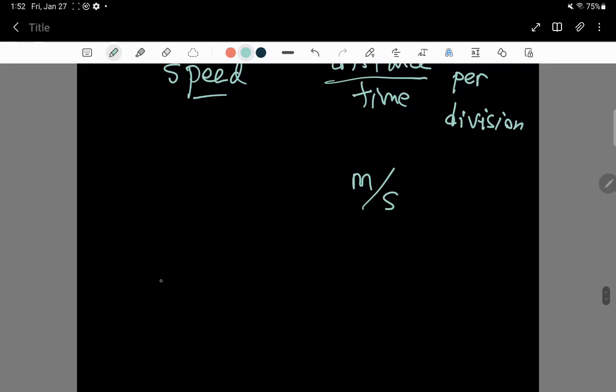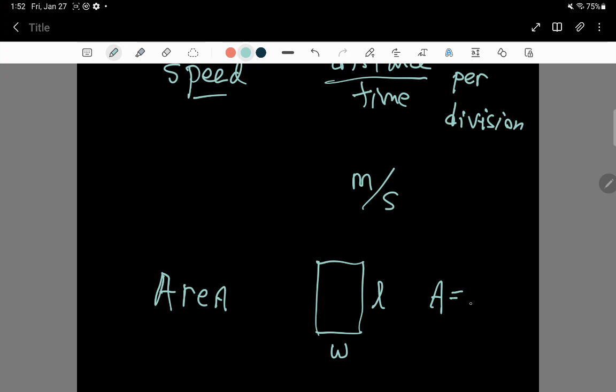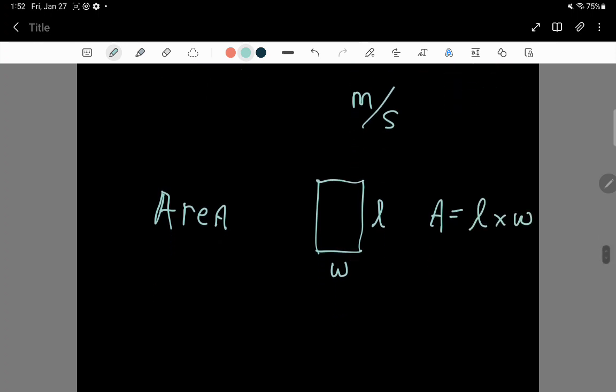So, for example, something like area. You know that area of a rectangle. So here's a rectangle, and it's got a width and a length, and the area is equal to the length times the width. If the width is in meters and the length is in meters, then the area is going to be in units of meters squared, right?